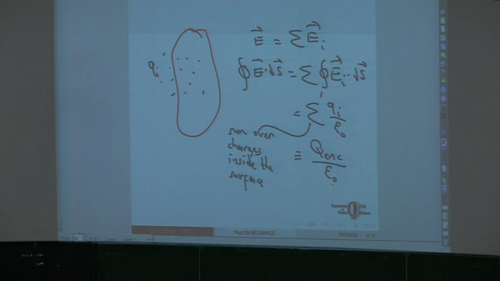I only sum the charges inside my closed surface, not the ones outside. Because if I have charges outside, the field lines that they create just enter the region inside my surface and then leave it. They don't contribute to the net flux that goes through my surface.